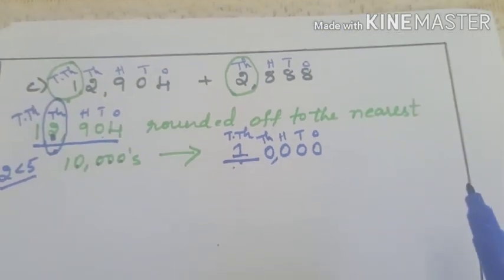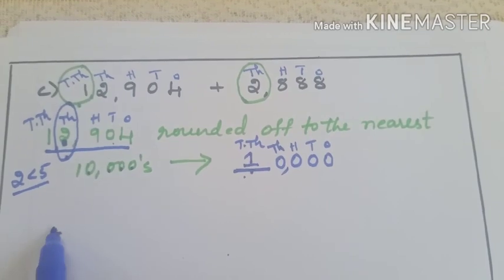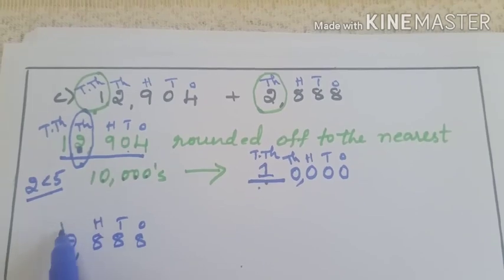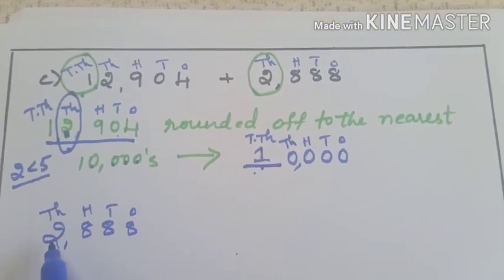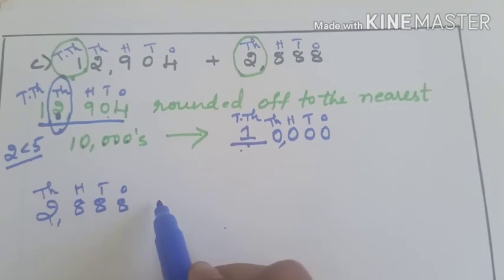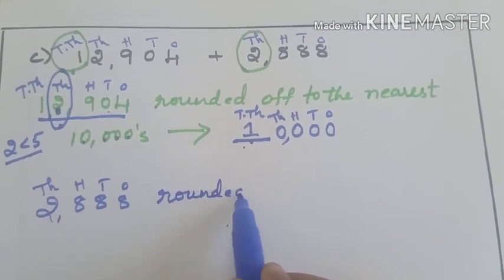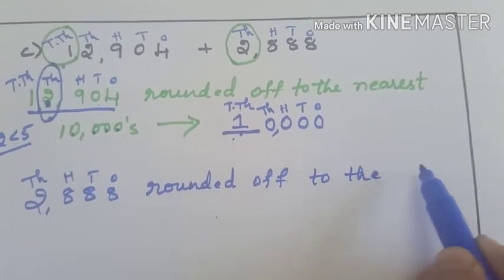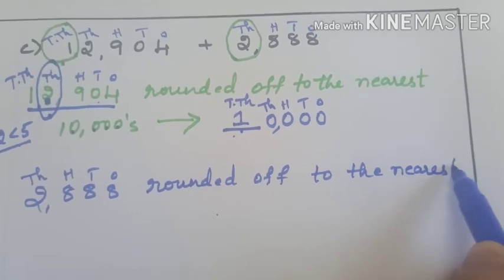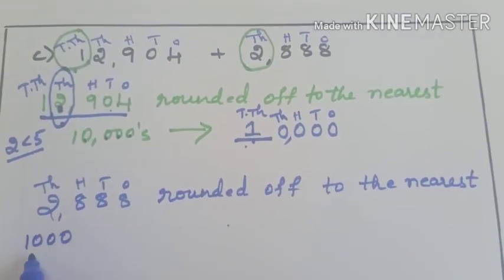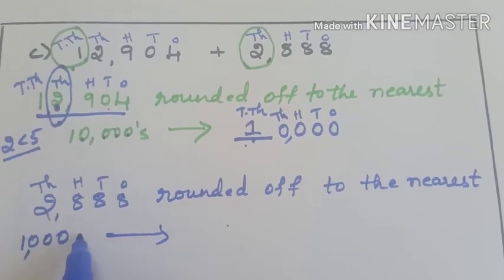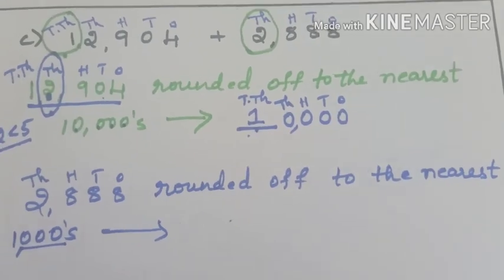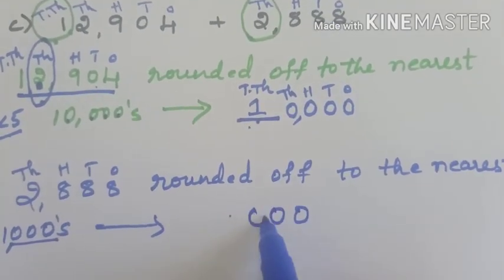Fine. Now the next number is 2,888. Ones, tens, hundreds, thousands. Since the highest place value is 1000, we have to round off to the nearest 1000. Rounding off to the nearest thousands, see how many zeros are there in the thousands place? 3 zeros. 1, 2, 3.